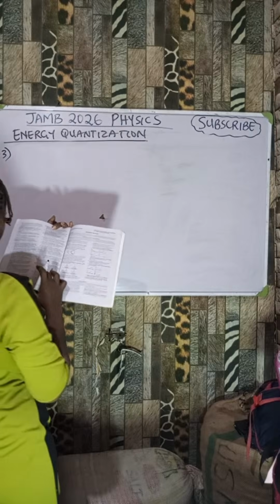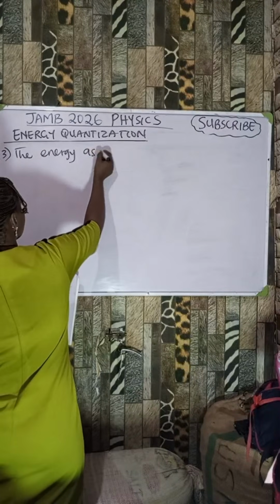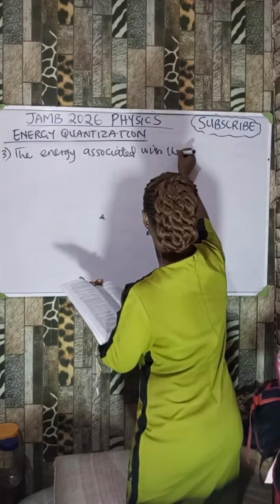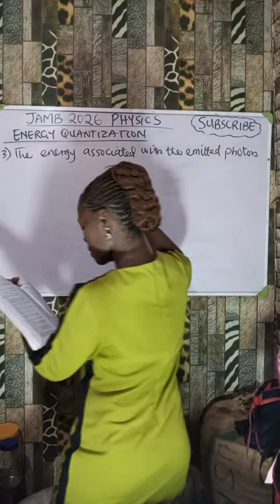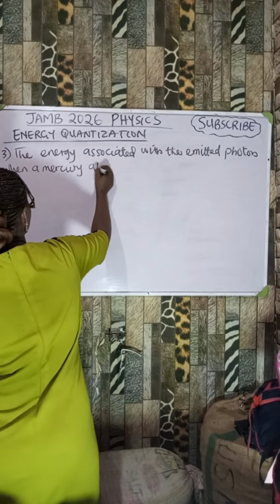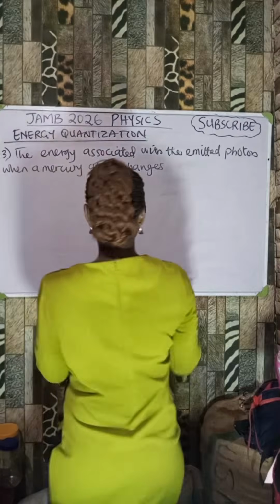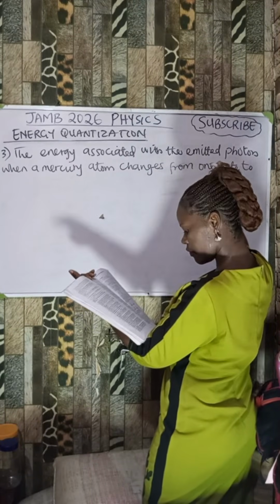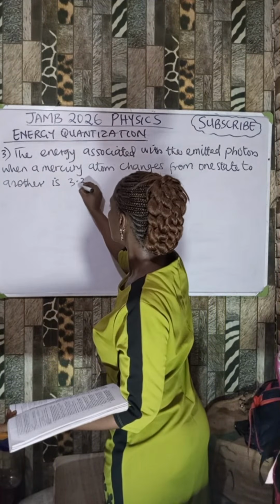All right. Question 3 goes this way. Energy associated with the emitted photon when the mercury atom changes from one state to another is 3.3 electron volts, right?